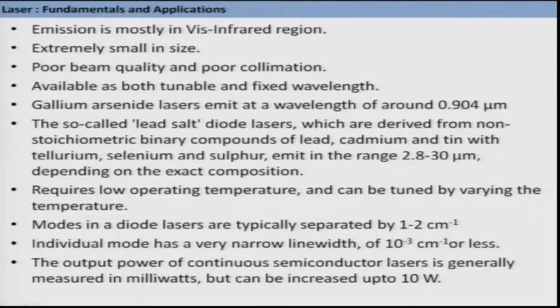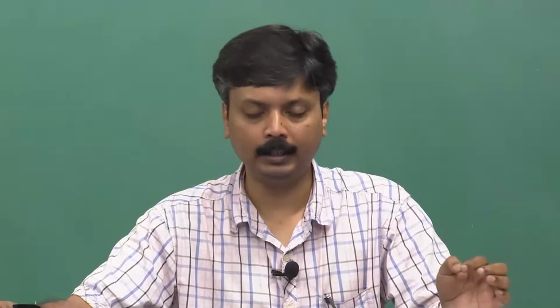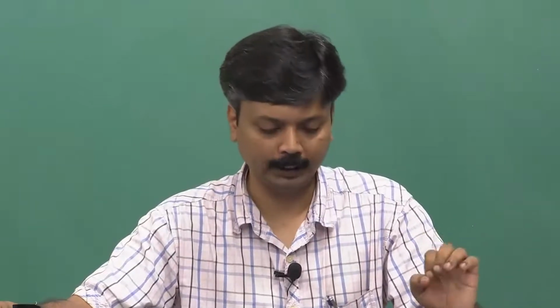So the mid infrared region is also covered by that. If you can play with the composition, you can play with the emission wavelength. I was just telling that a few seconds back.